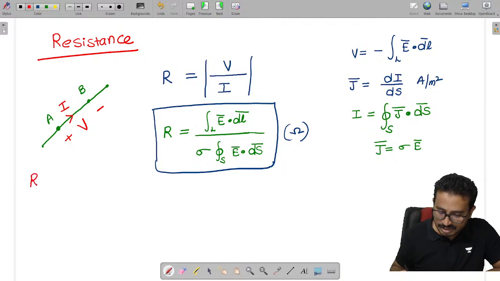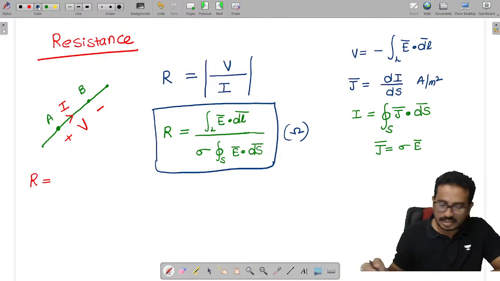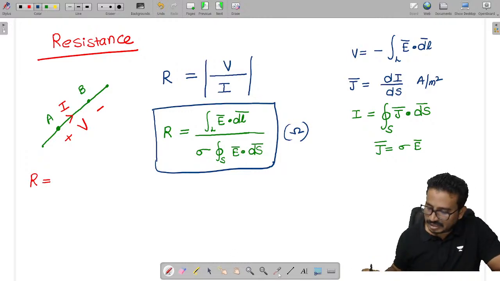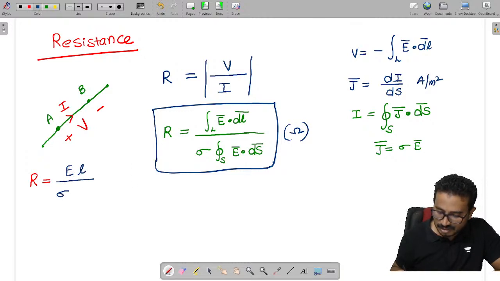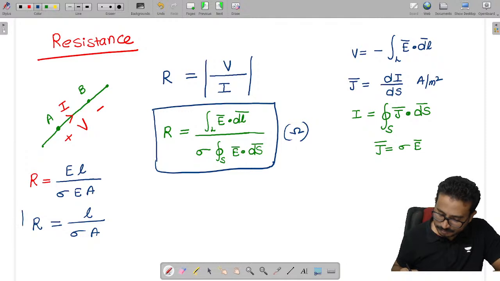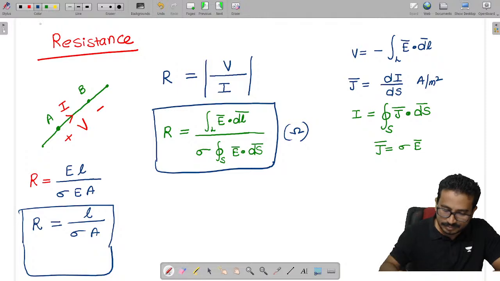You tell me now, the resistance here is given as, if you observed carefully, here also we consider the electric field to be a constant. Then what happens here? It is equal to E into L by sigma into E into the surface area A. Have you ever seen this formula?